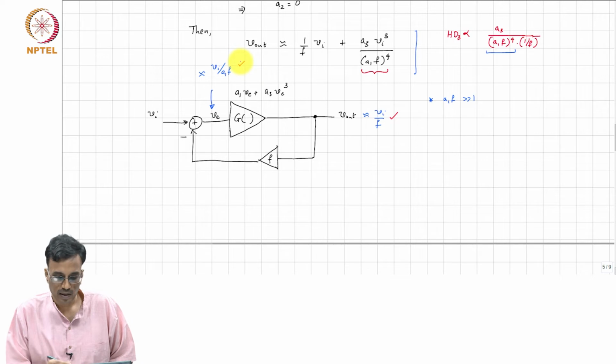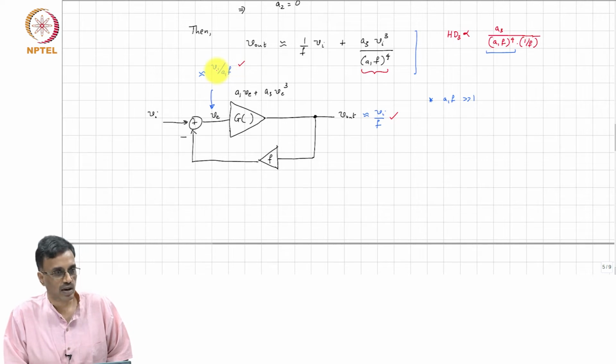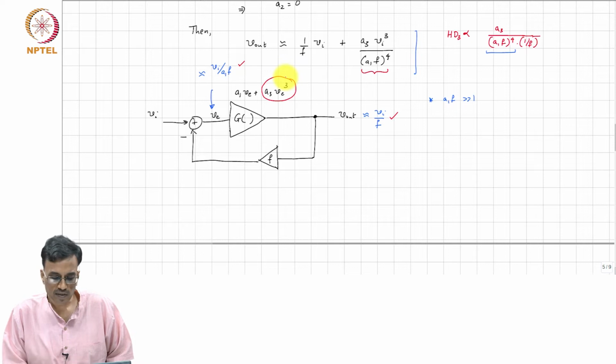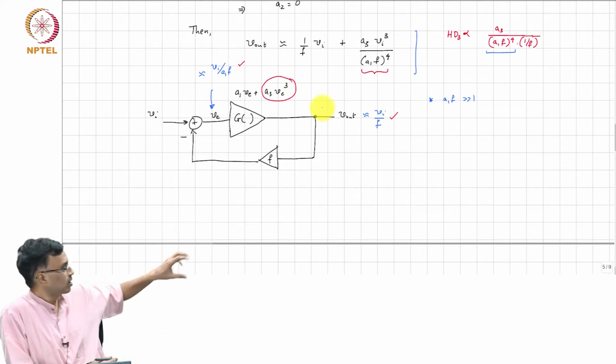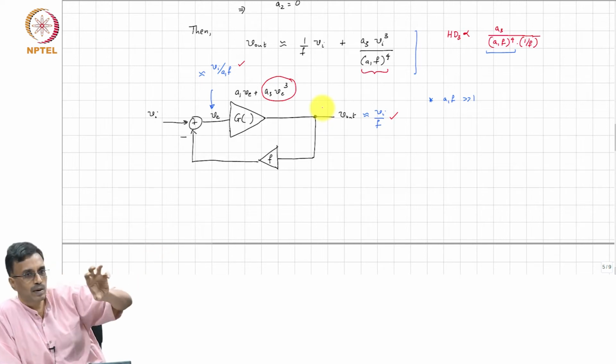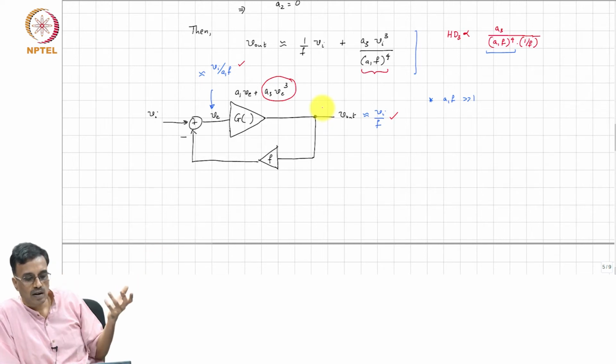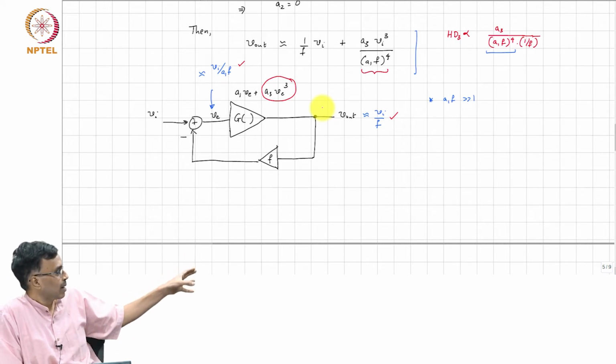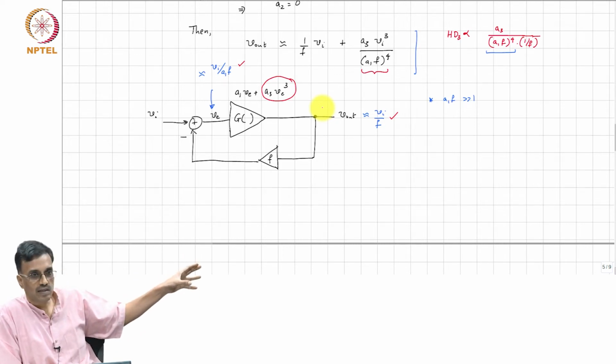So, if the error voltage is Vi by A1f, the output distortion of the forward amplifier, basically you can think of it as the error voltage being amplified by the amplifier, correct. So, Vi by A1f is getting processed by an amplifier with A1 VE plus A3 VE cube.